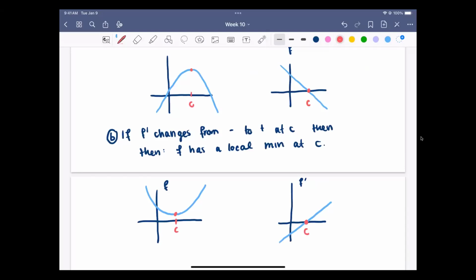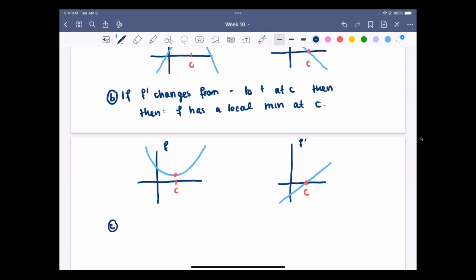The last case is if the derivative is positive on both sides of C, or negative on both sides of C. Then there's no conclusion to be made, unfortunately. So if it is plus plus or minus minus, let me write a better statement.